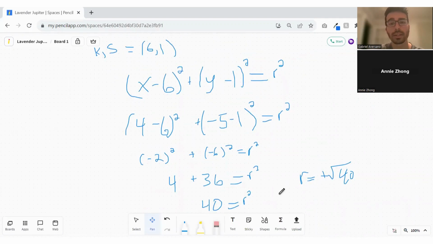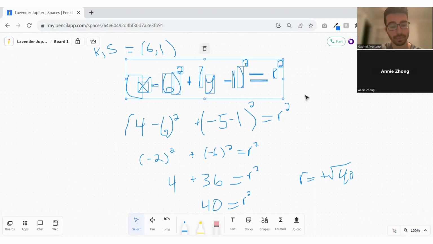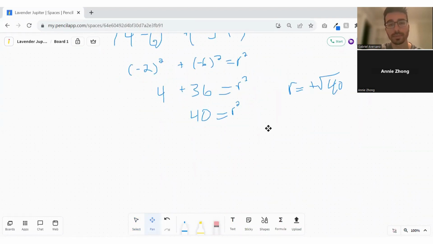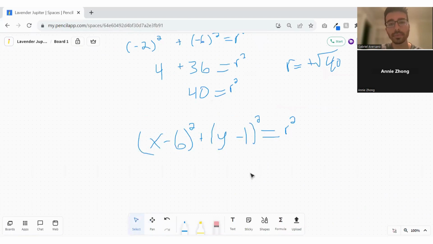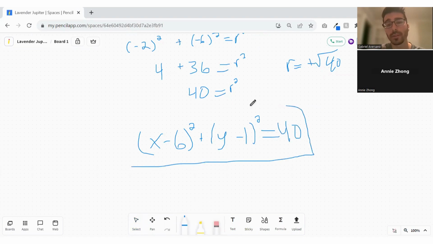But really, we can just plug in R squared into this equation up here. Copy that. I'm going to replace R squared with 40. And this will give us the equation of the circle that has the diameter at the 2 points.